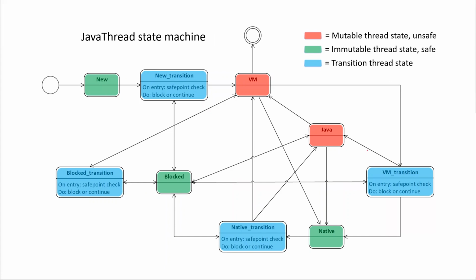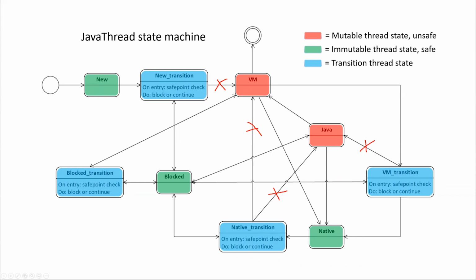So for example, it has cut the links here, here, and here. This means that by this process, the VMThread has installed an alternative or temporary state machine.